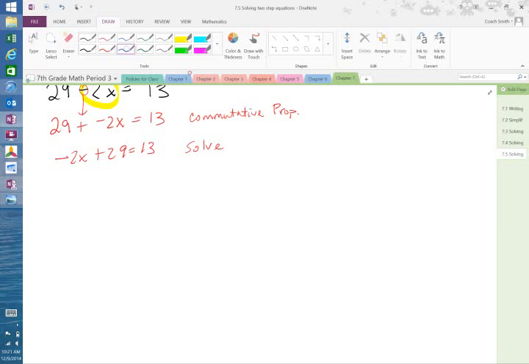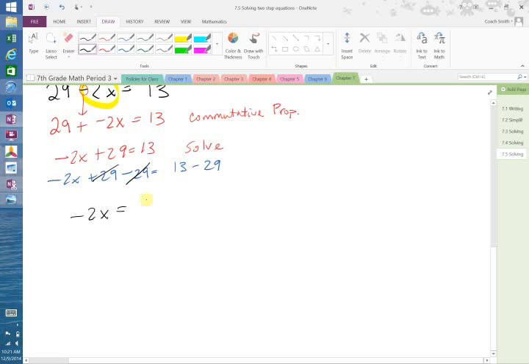So I solve it by going negative 2x plus 29 minus 29 equals 13 minus 29. Plus 29 and minus 29 on the left side cancel each other out, leaving me with negative 2x, and that's equal to 13 plus negative 29.